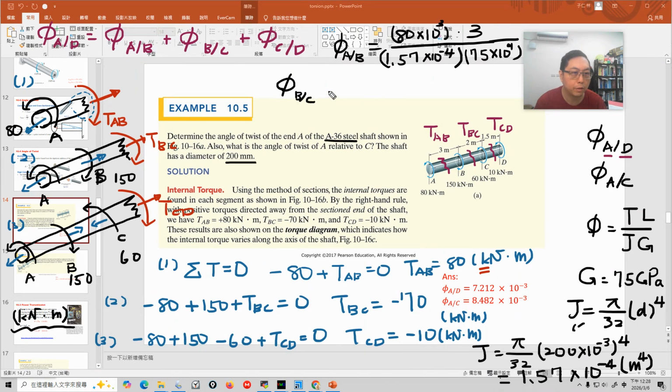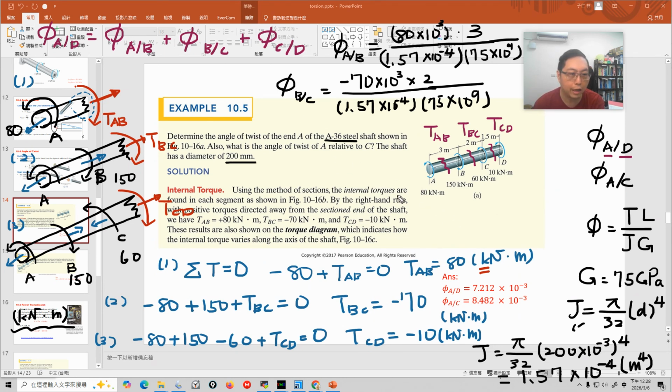So what is phi BC? You just apply your torque: minus 70 times 10 to the power 3, times 2, and the numerator and denominator are the same, 10 to the power 9. That's phi BC. What about phi CD?